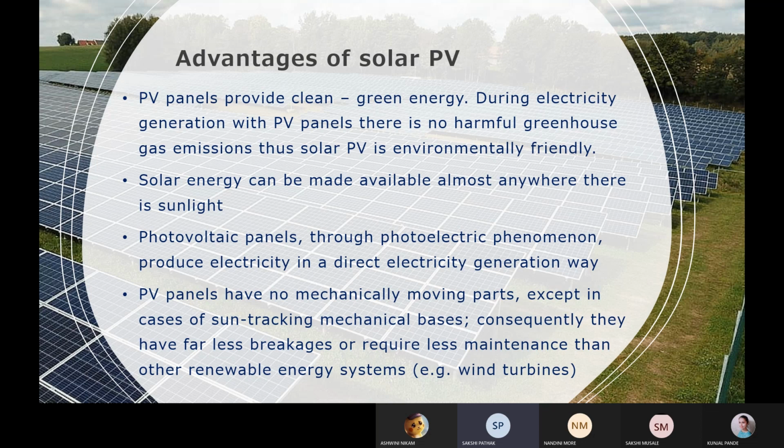Photovoltaic panels, through the photoelectric phenomenon, produce electricity in a direct way. PV panels have no mechanically moving parts except in the case of sun tracking mechanisms. Consequently, they have far less breakage and require less maintenance than other renewable energy systems, such as wind turbines. Next slide, over to you, Nandini.